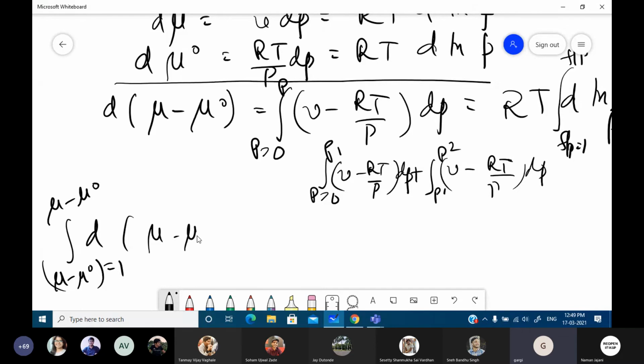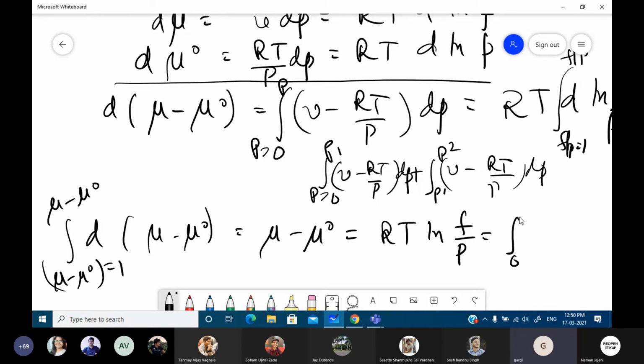So therefore finally in this case you get mu minus mu 0 equals RT ln f by P equals integral 0 to P of V minus RT by P dP. Now, in this case, when you want to evaluate f, you have already seen that you will be using this part of the equation, right?